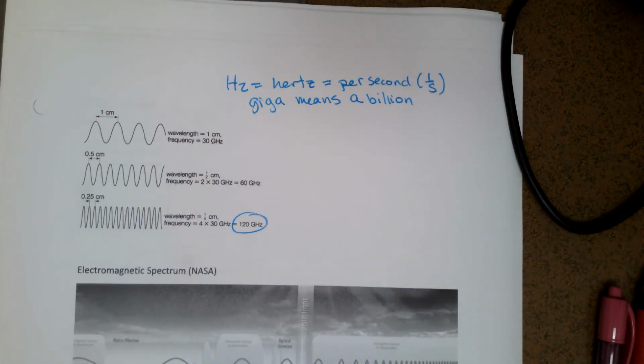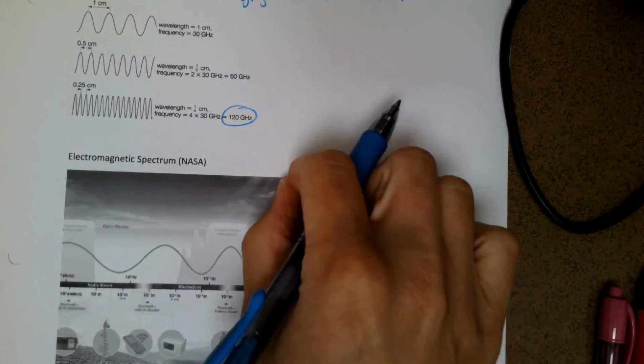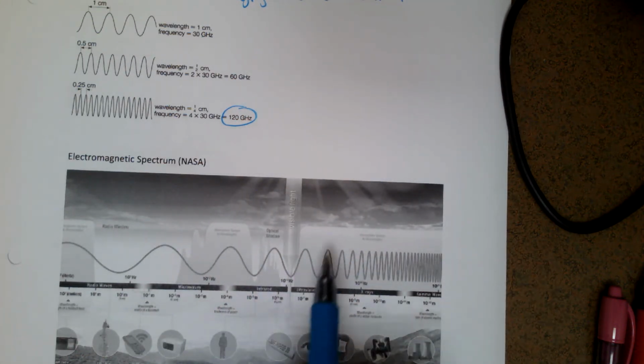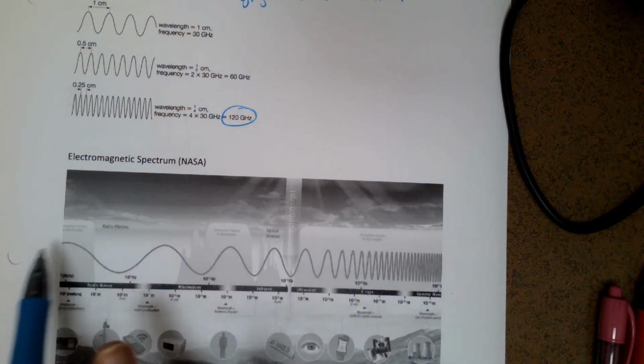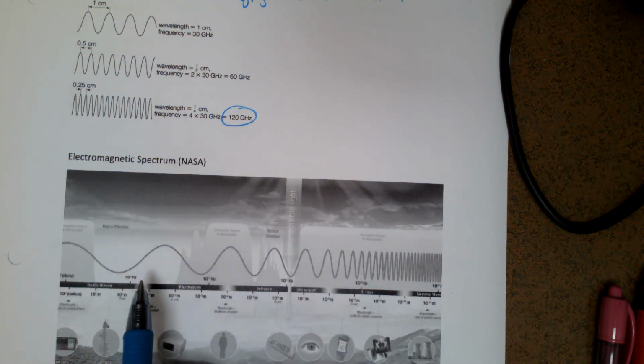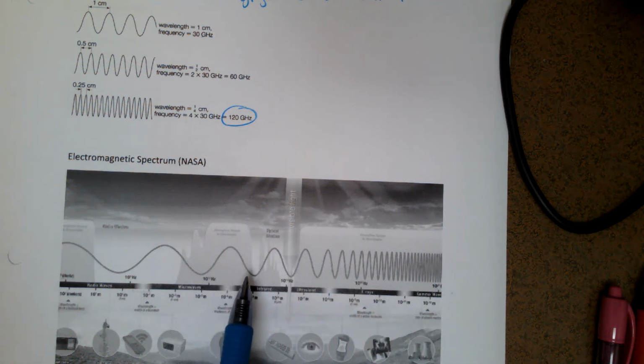Now, on this last little bit over here, the electromagnetic spectrum by NASA, this is a great diagram from NASA's website. It shows us the visible light, and it shows us parts of the atmosphere that are absorbing different wavelengths. The atmosphere, if you take one of my other classes, is what protects us from the angry radiation from the sun. So the atmosphere is opaque to several types of waves.